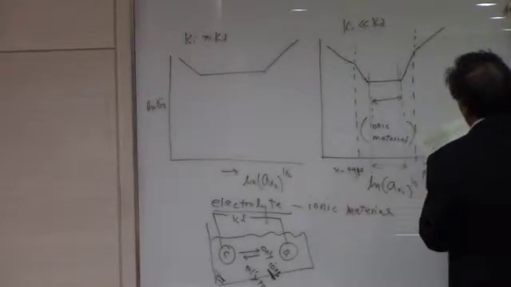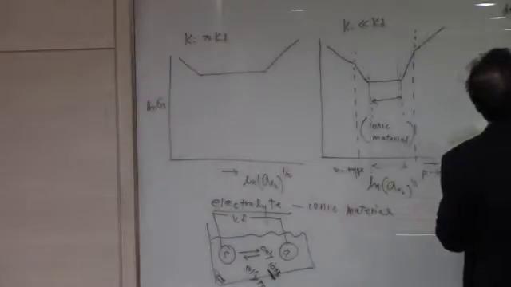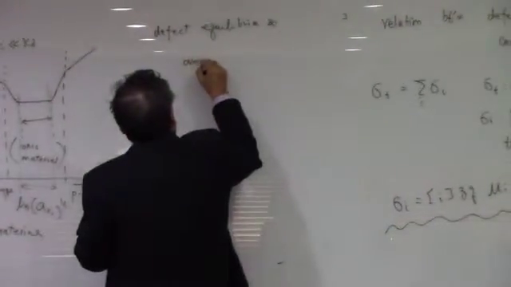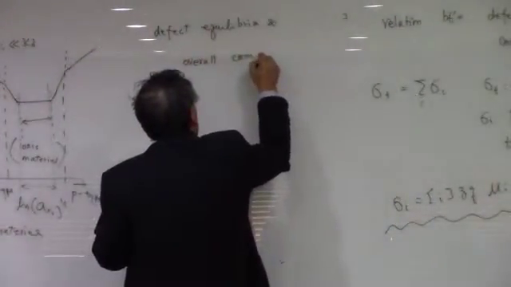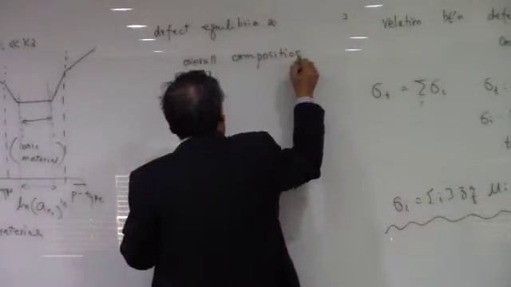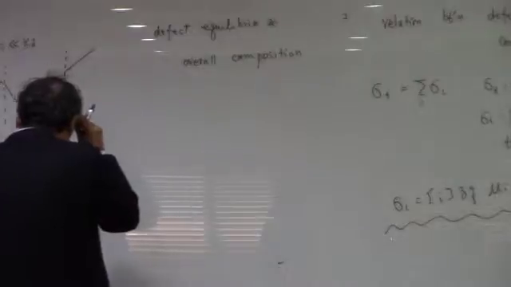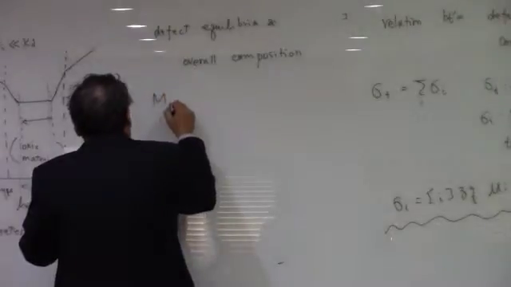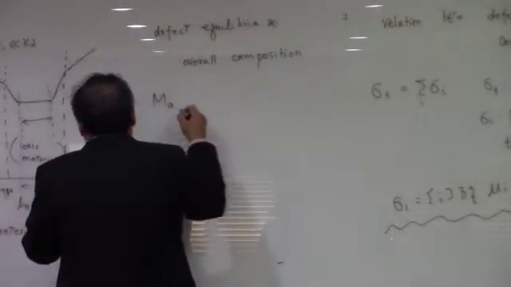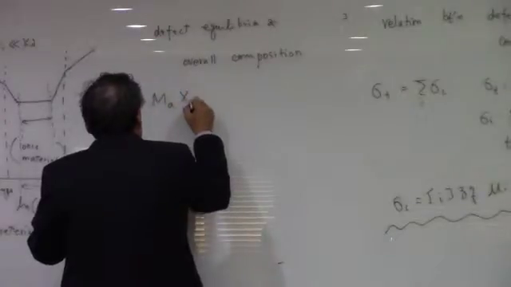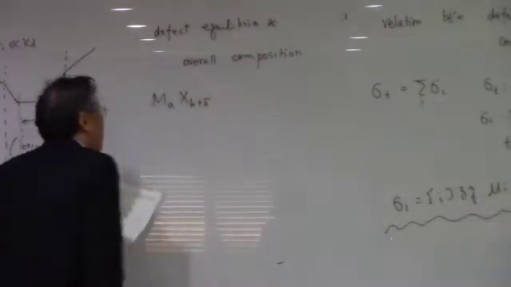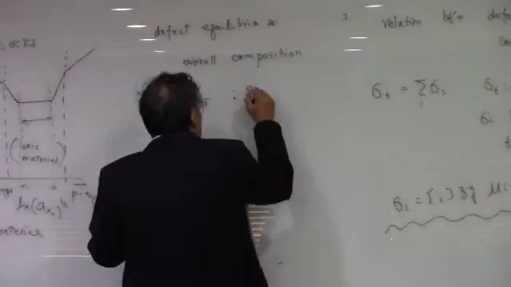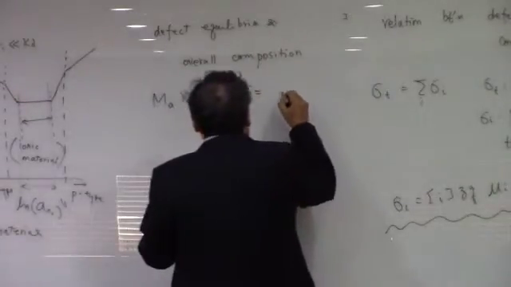Defect equilibria and overall composition. Okay, we have a binary system of stoichiometry MX, like M X_(b+delta), and here the delta is a deviation from the ideal stoichiometry.